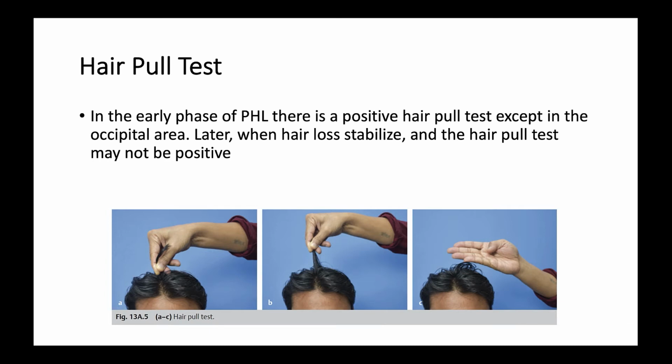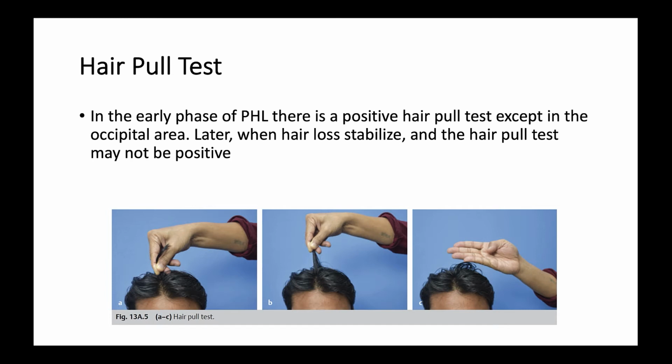Then you can also do the hair pull test. Hair pull test initially in AGA is positive, means more than 7 hairs out of 10 come out when you do this test. So it's positive in the initial phase, but once the hair loss gets stabilized, then the hair pull test will be negative.